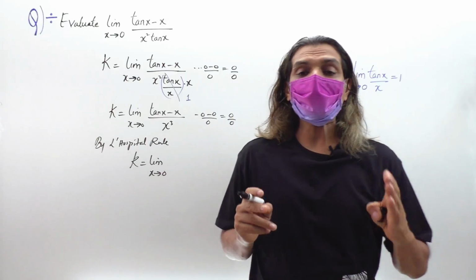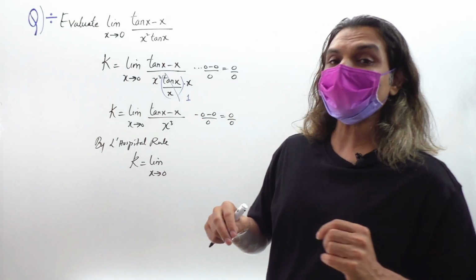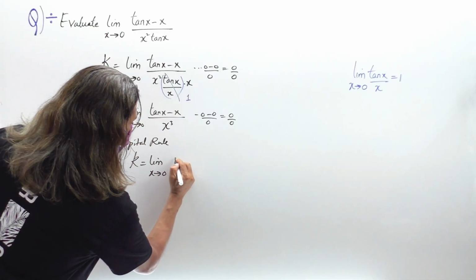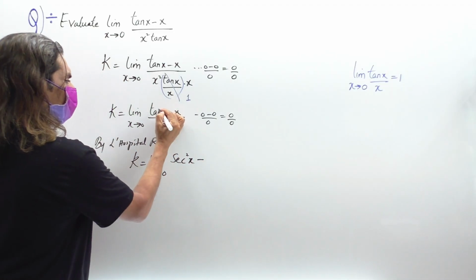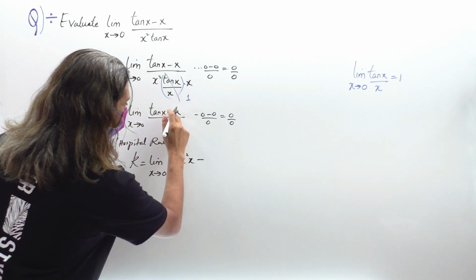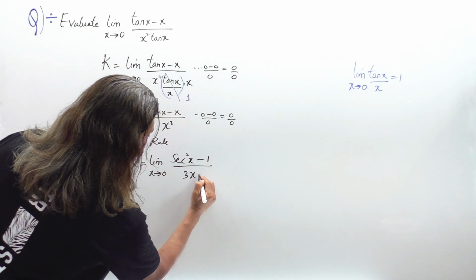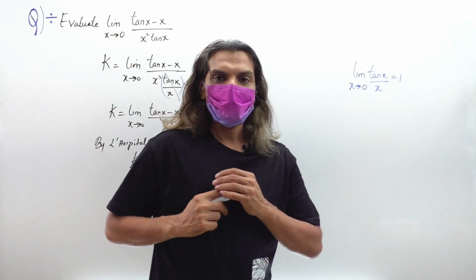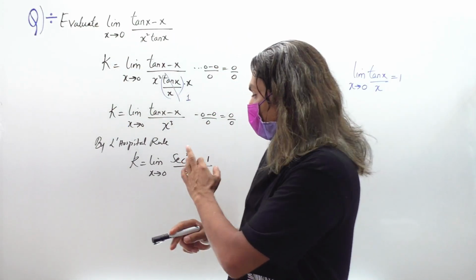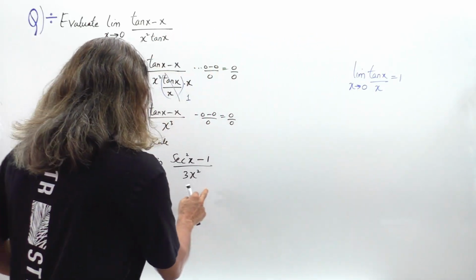Differentiate the numerator and differentiate the denominator separately. So what is the differential of tan x? It is secant square x. So right here, secant square x minus, what's the differential of x? It is 1, upon, again x cube will be 3x square. So I am getting k equal to limit as x tends to 0 of secant square x minus 1 divided by 3x square.